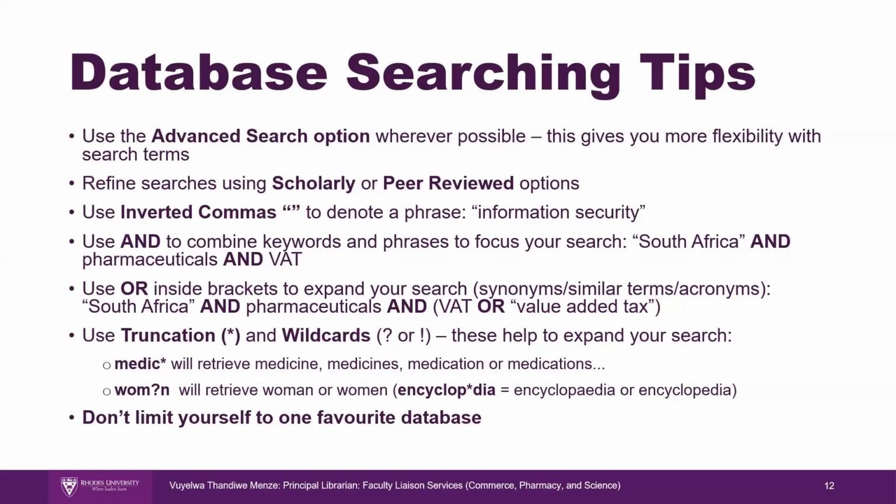And for women, without having to type in either the singular or the plural, you will put an asterisk where the a or the e would be. And there's an example of encyclopedia, which covers the British as well as the American spelling without you having to type the two words.